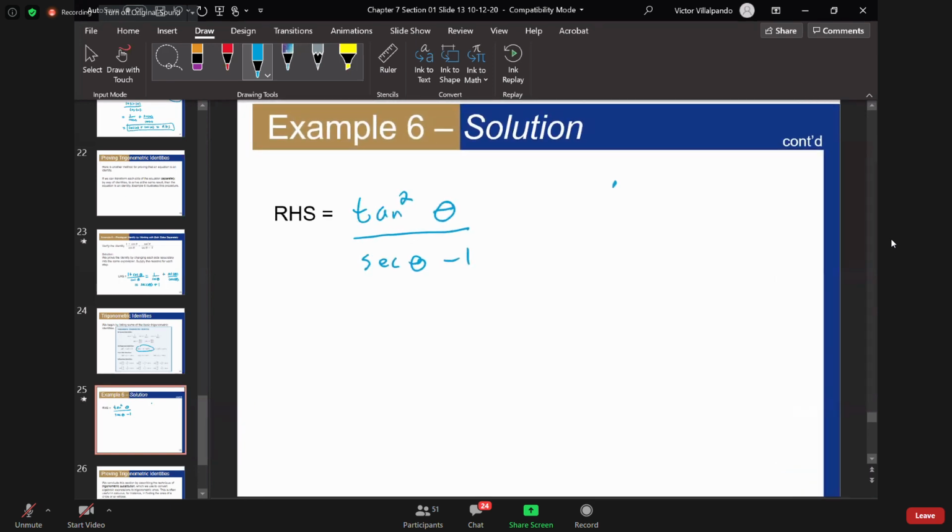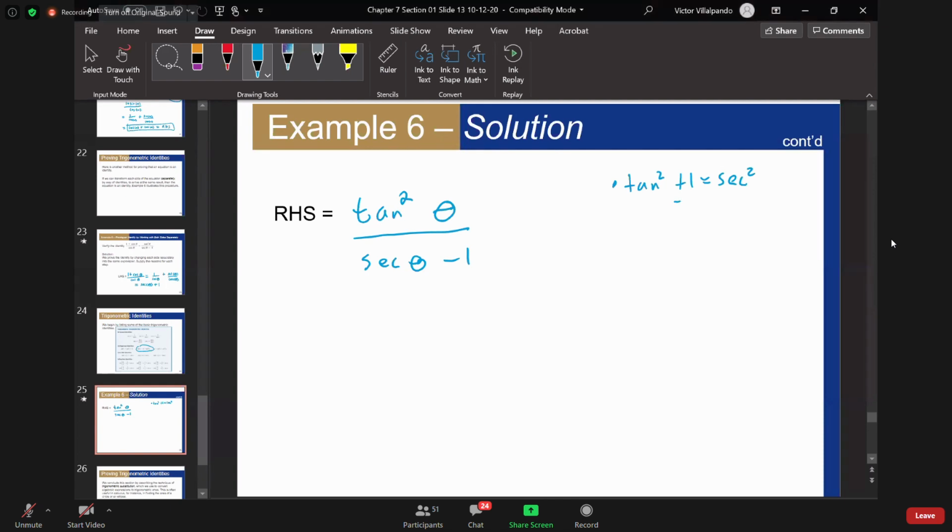All right, we have tangent squared plus 1 equals secant squared. I want to get rid of that tangent squared, so I'm going to solve for tangent.